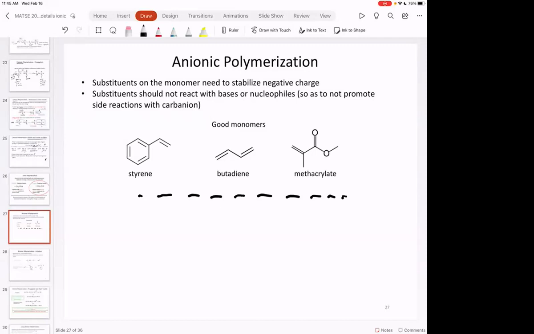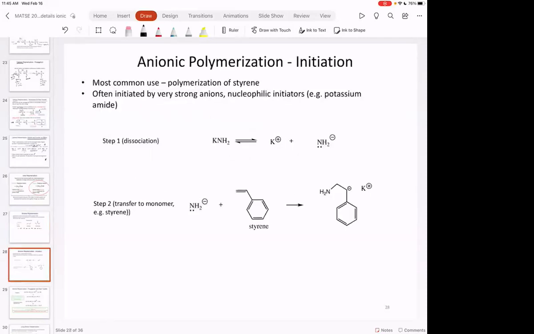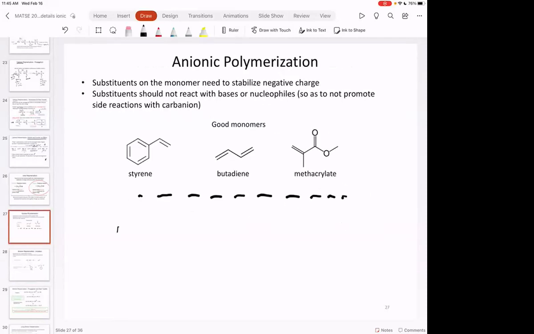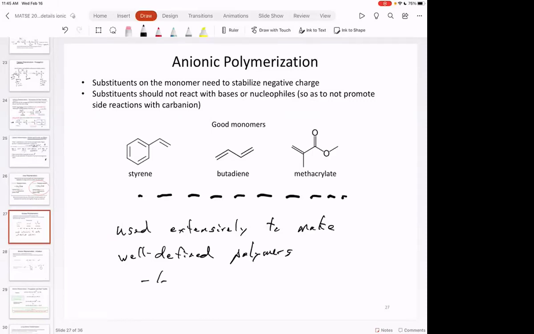It's been studied in the past when they figured out the mechanism, but anionic polymerization is used extensively to make well-defined polymers. Low dispersity.